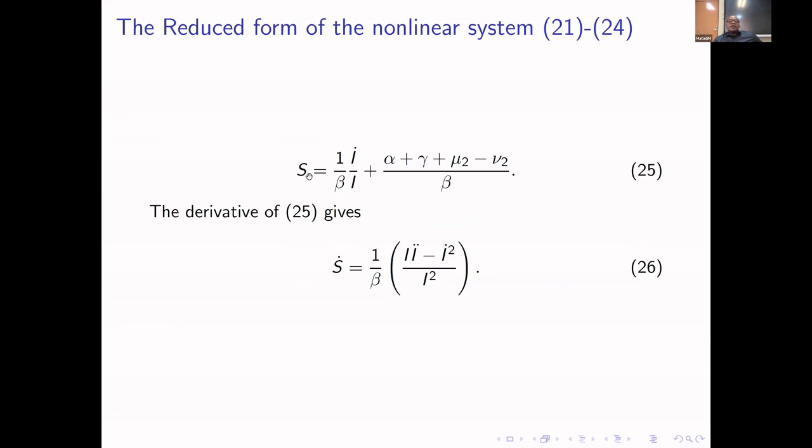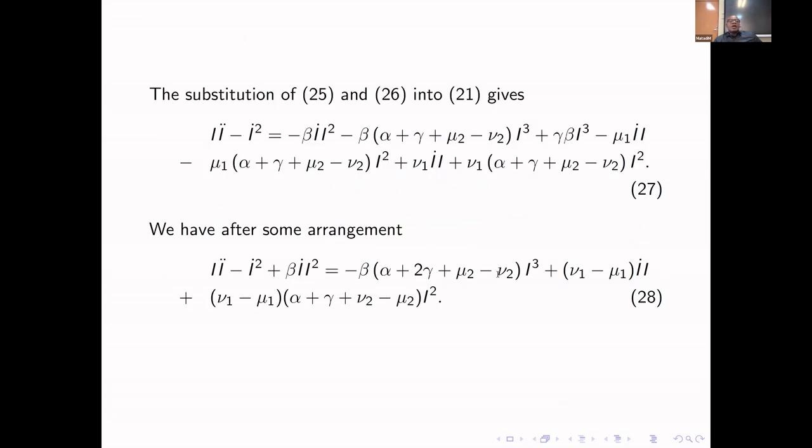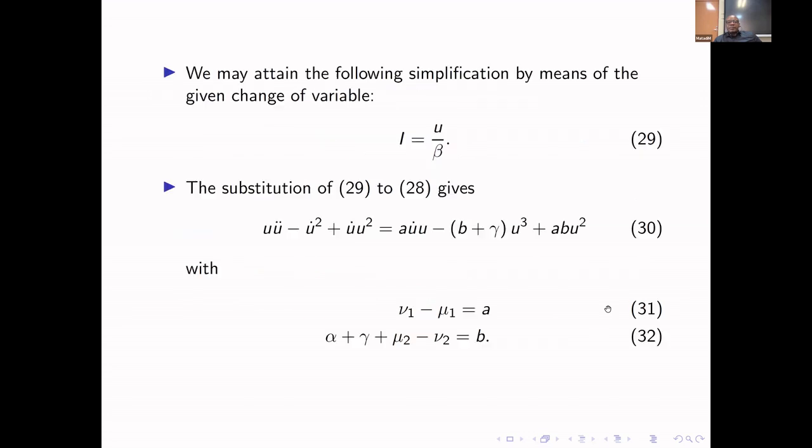So basically, I isolated the number of susceptible population, put it in terms of the number of infected, then differentiated, and substituted into the infected population. Then we come up with equation 27. Okay, and now we made some rearrangements. I know it requires a lot of calculation here, and I don't want to give more details. Then we come out with equation 28.